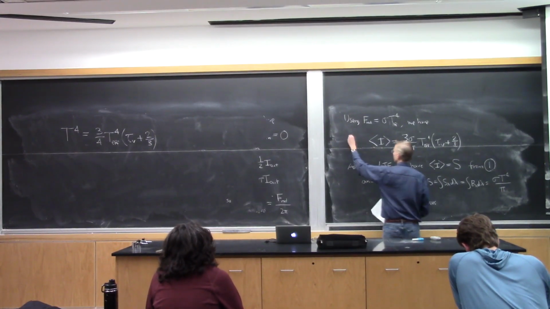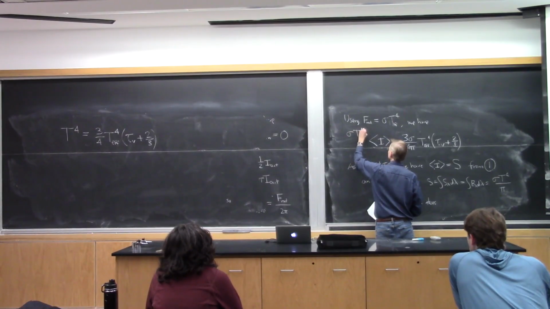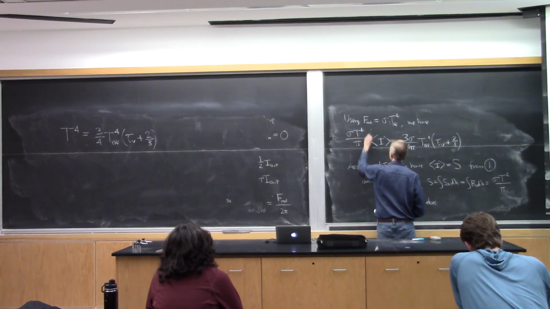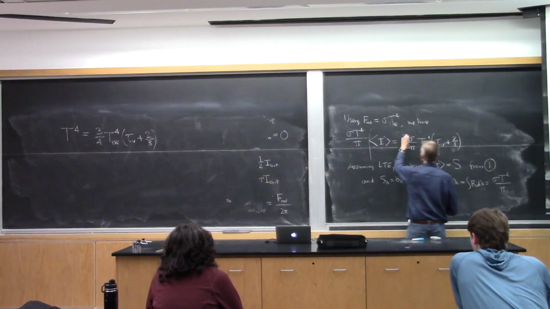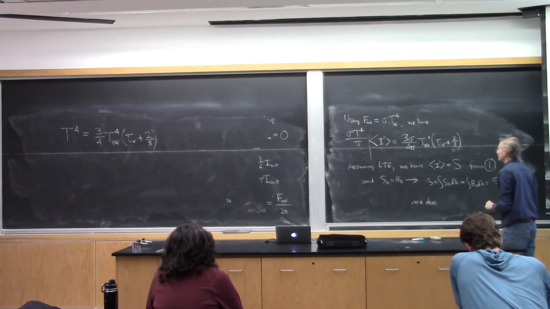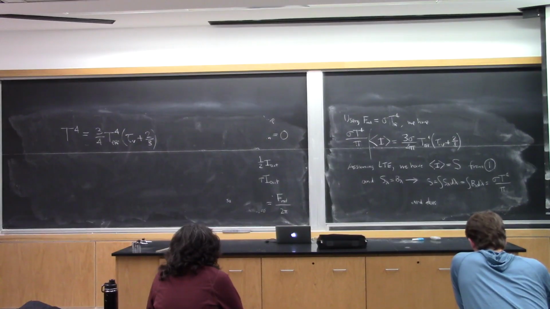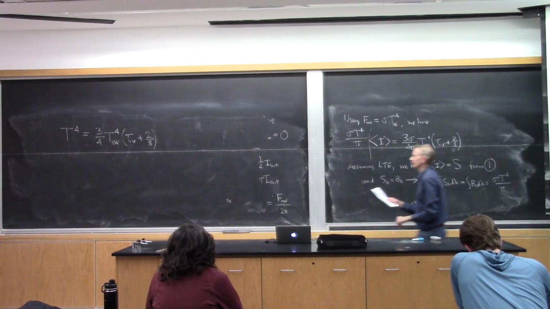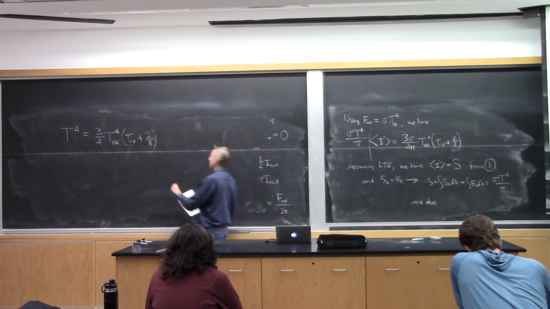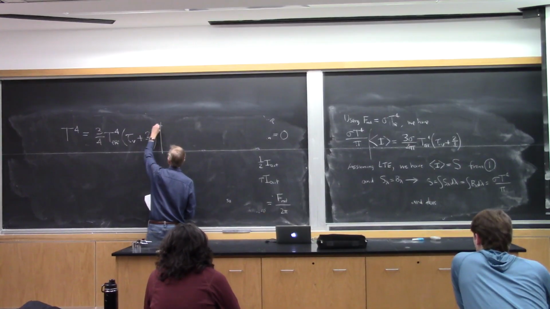So sigma T to the fourth over pi is 3 sigma over 4 pi T_eff to the fourth, tau plus 2/3. Now divide through by sigma over pi, it cancels on both sides. And so we get T to the fourth is 3/4 T_eff to the fourth, tau plus 2/3.